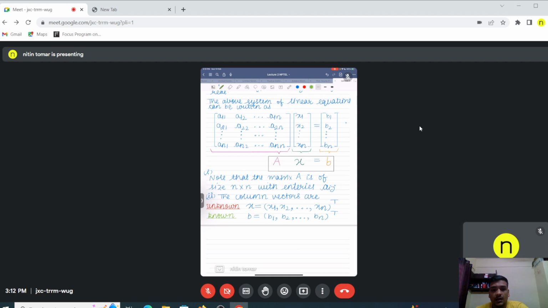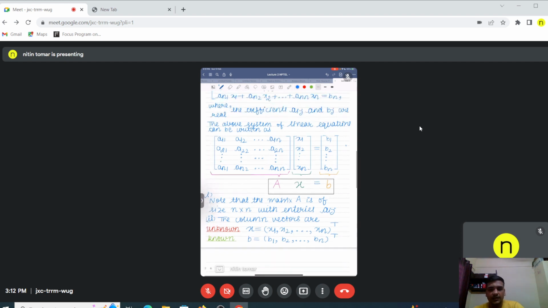So we have to find x. What is the aim? The aim is to find this column vector x such that Ax equals b. If A is an n cross n matrix and x is an n cross 1 matrix, then the size of b will be n cross 1, right?